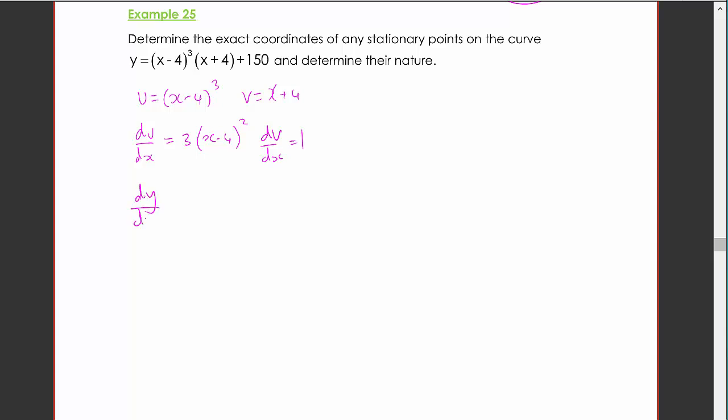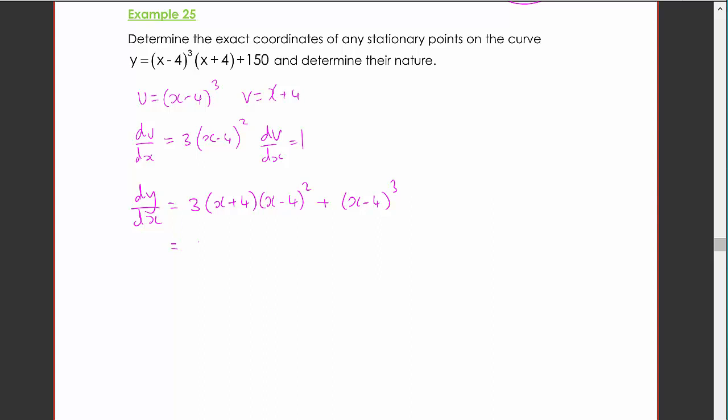So dy dx is going to be v du dx, so that's 3(x plus 4)(x minus 4) squared plus u dv dx, which is (x minus 4) cubed.